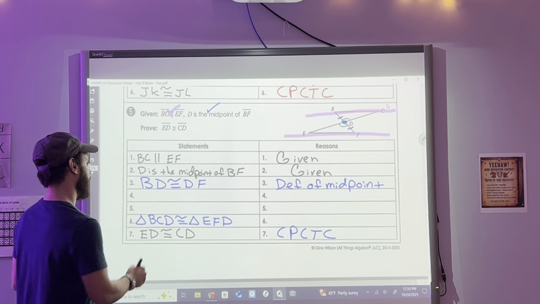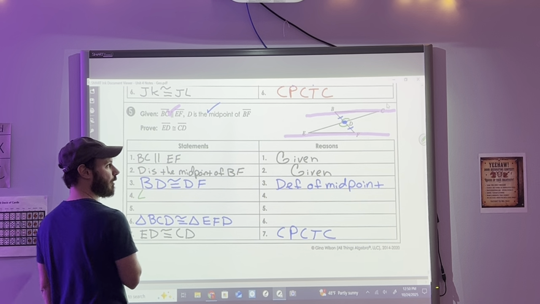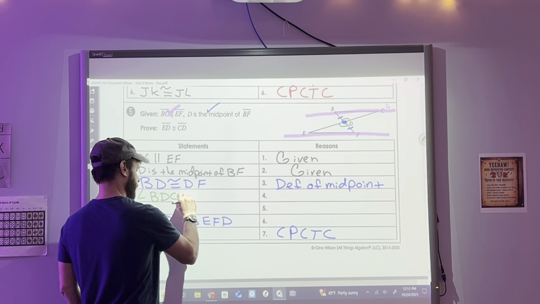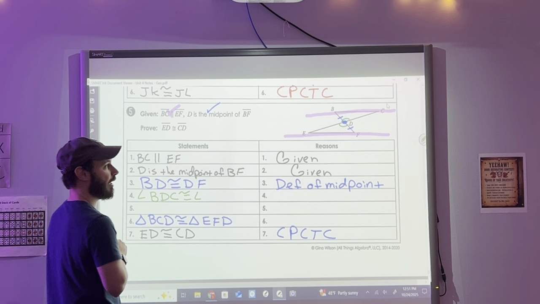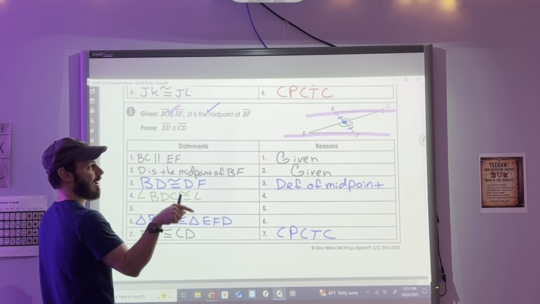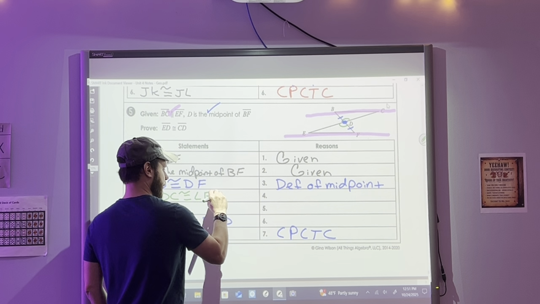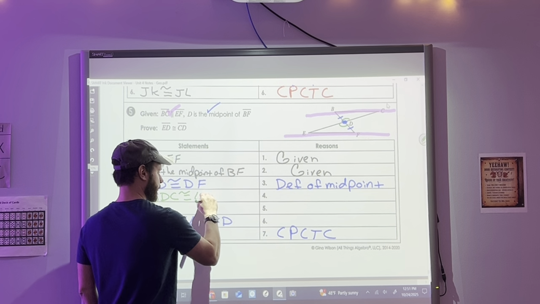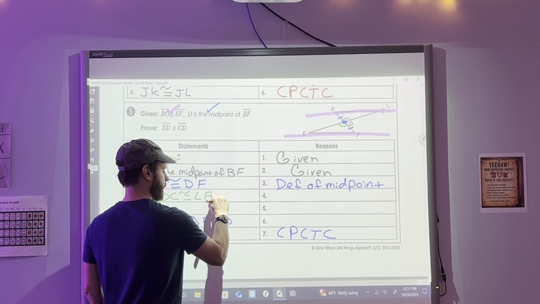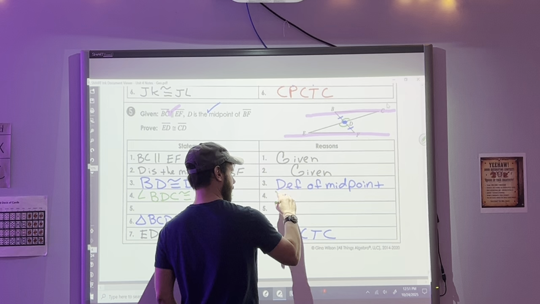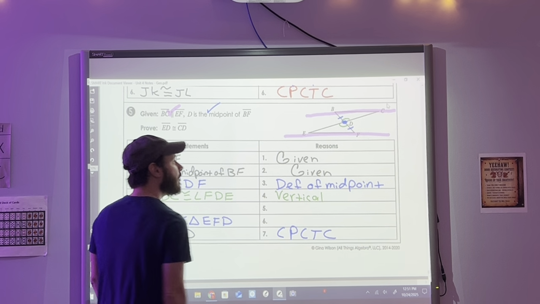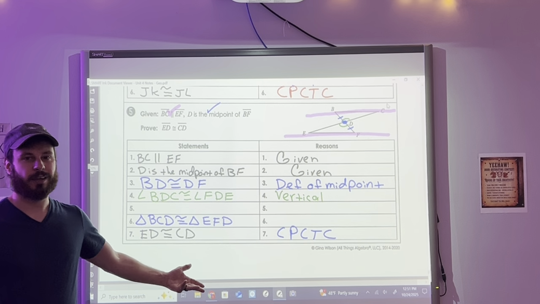I'm gonna describe the green one, the top one, as angle BDC, and the bottom angle as angle FDE. The reason those things are the same is because they're vertical.